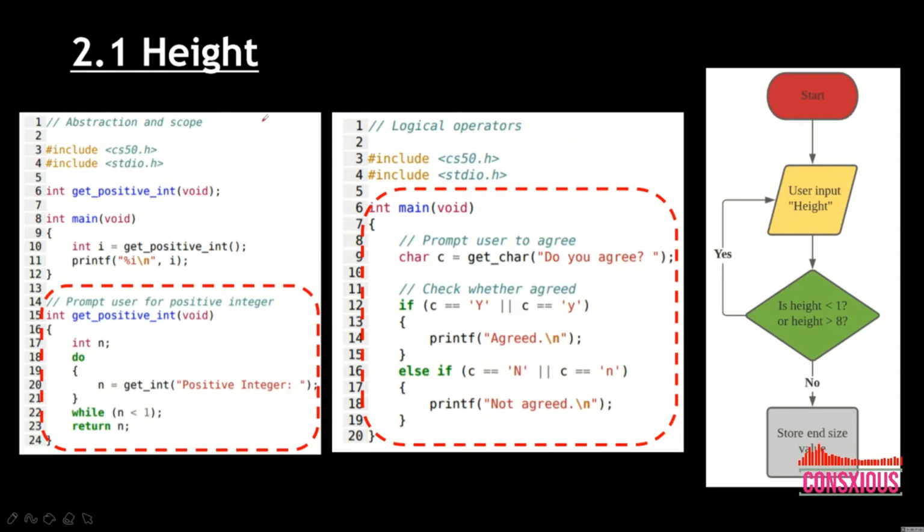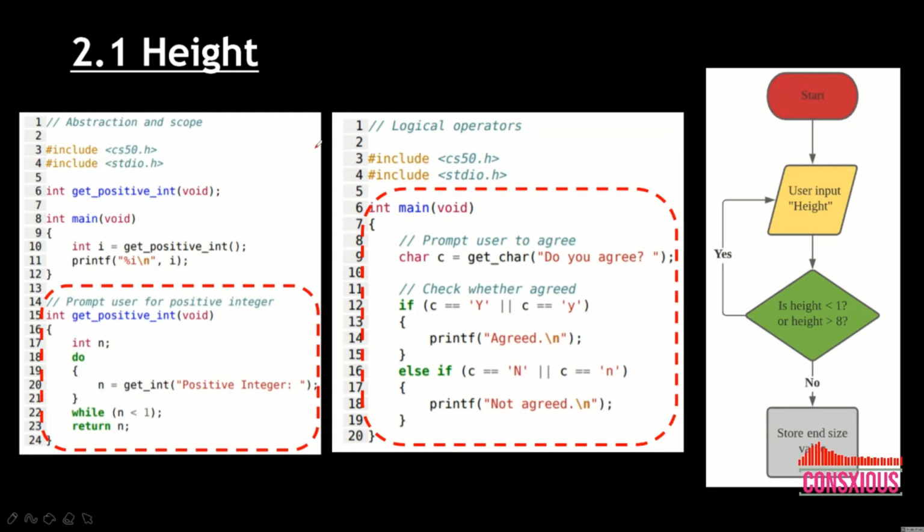Let's see how we can put all these flow charts into code. We have similar code and conditions we can follow here. These two examples are actually from the CS50 exercises.